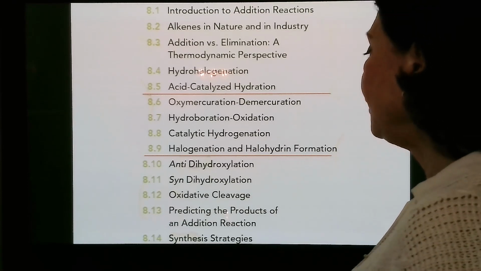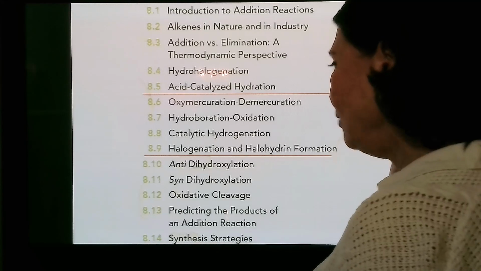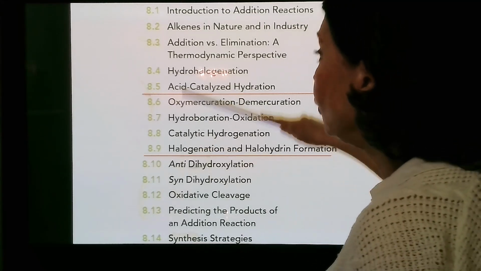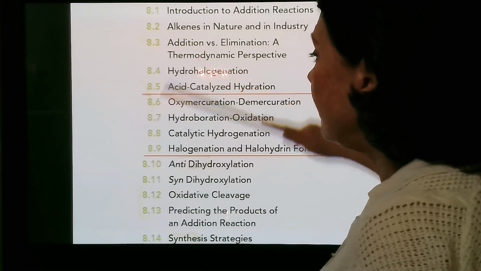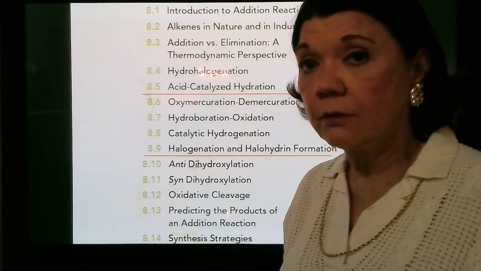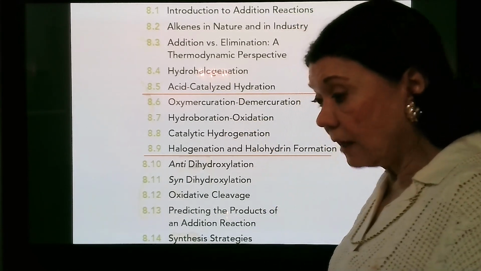You're going to see some similarities between halogenation and the reactions that we just finished covering earlier that go through the carbocation intermediate. So let's go on to these and I'll point out the similarities.